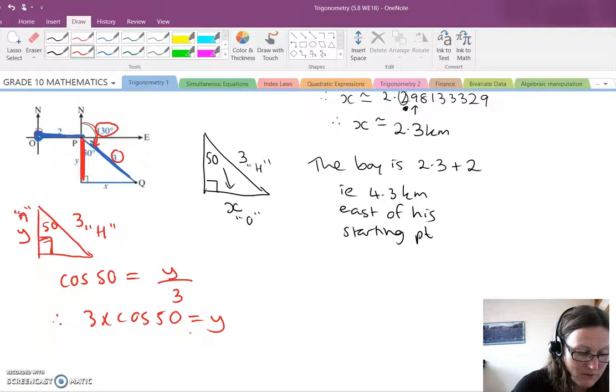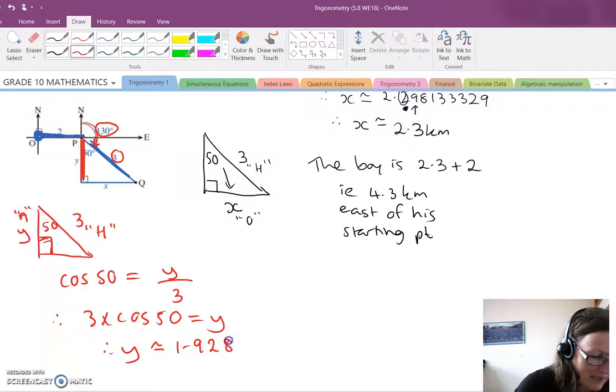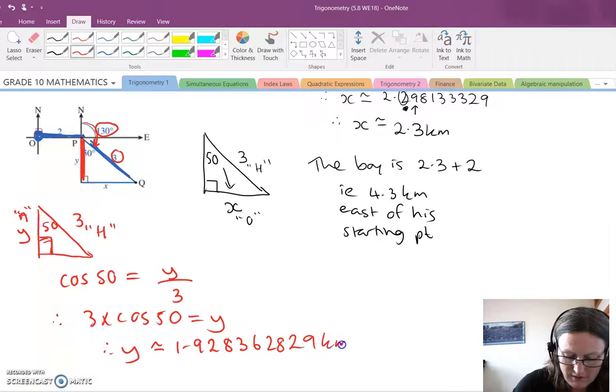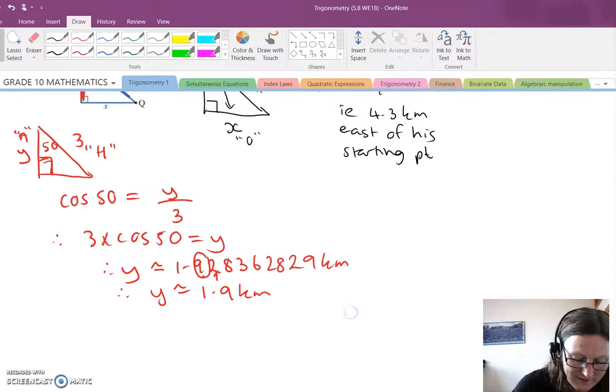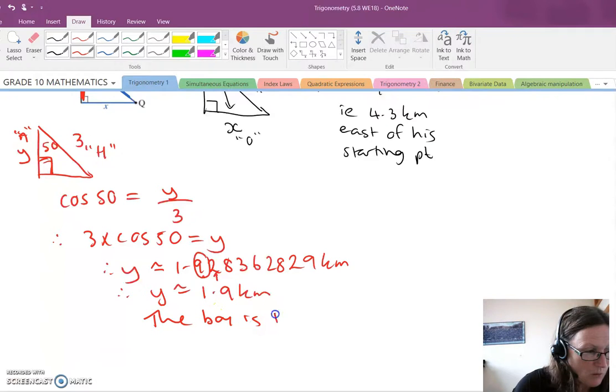So 3 times cos 50 is the boy is approximately 1.928362829 kilometres south, 1 decimal place, the digit after is less than 5, so that leaves this 9 as a 9, also 1.9 kilometres. As a sentence, you would write, the boy is 1.9 kilometres south of his starting point.